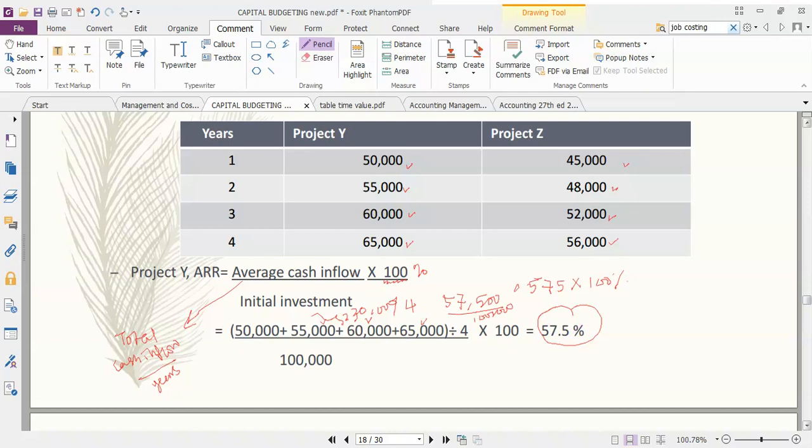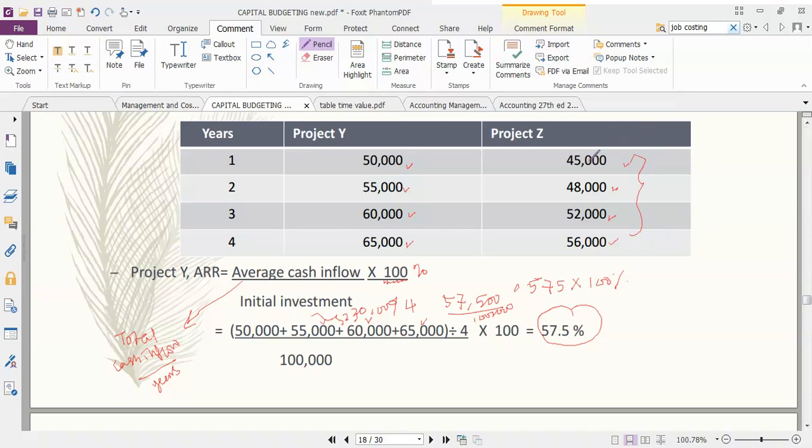Okay. Can you please calculate for me for project Z? What is the ARR for project Z? How to calculate? Please calculate for me. Please total up all this and then divide by 4.